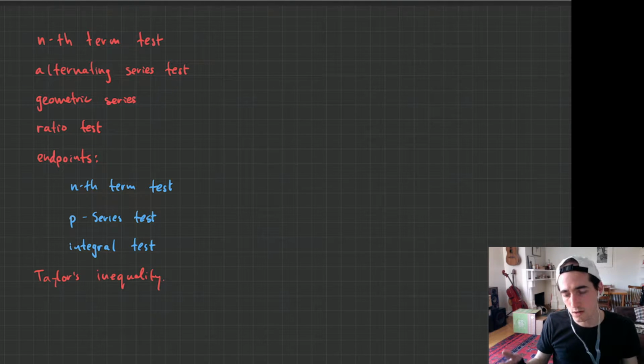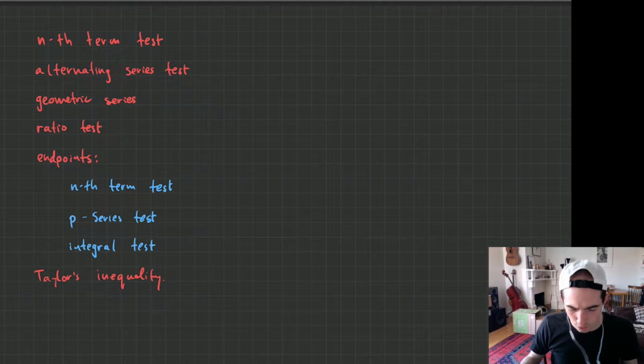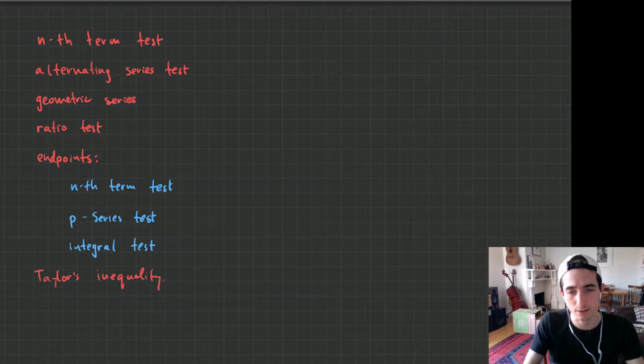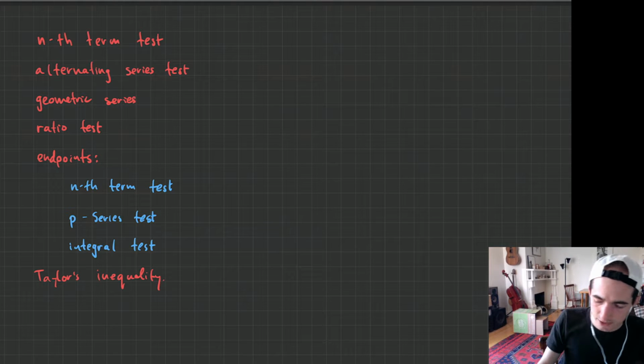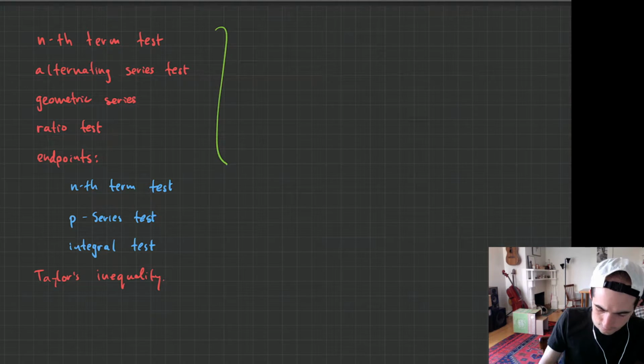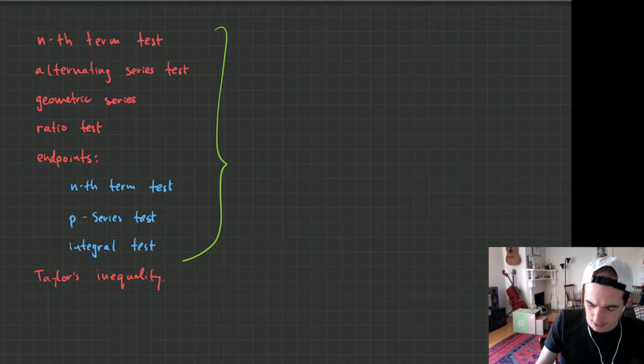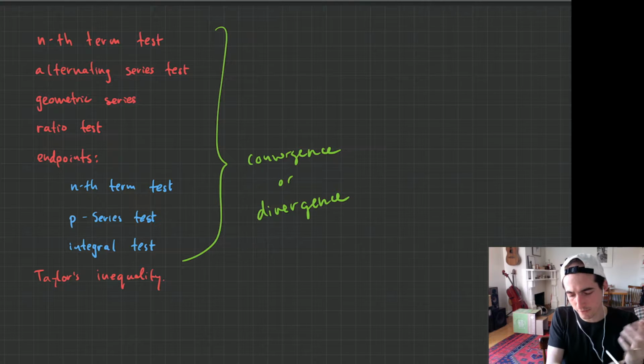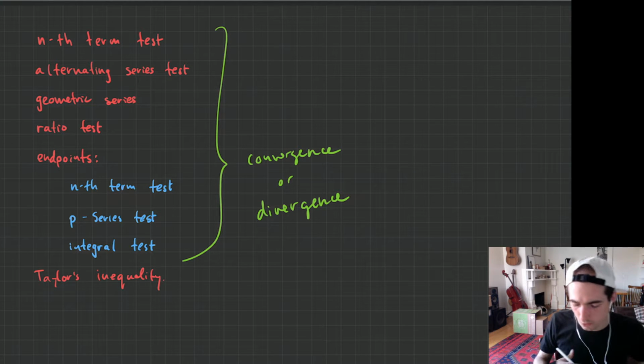And if so, how sure can we be that, for one, the Taylor series will converge? That's really what all of this is about: convergence or divergence, right? If we're given some kind of infinite sum, does it converge or diverge?